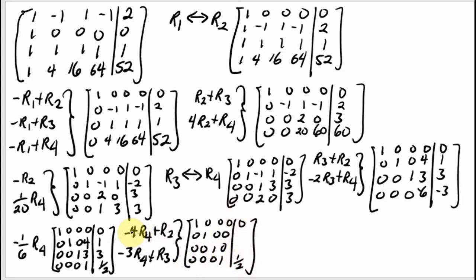So we're saying negative 4 times that 1/2. So that gives us a negative 2 plus this 1 is a negative 1. And then negative 3 times this 1/2 is negative 3/2.